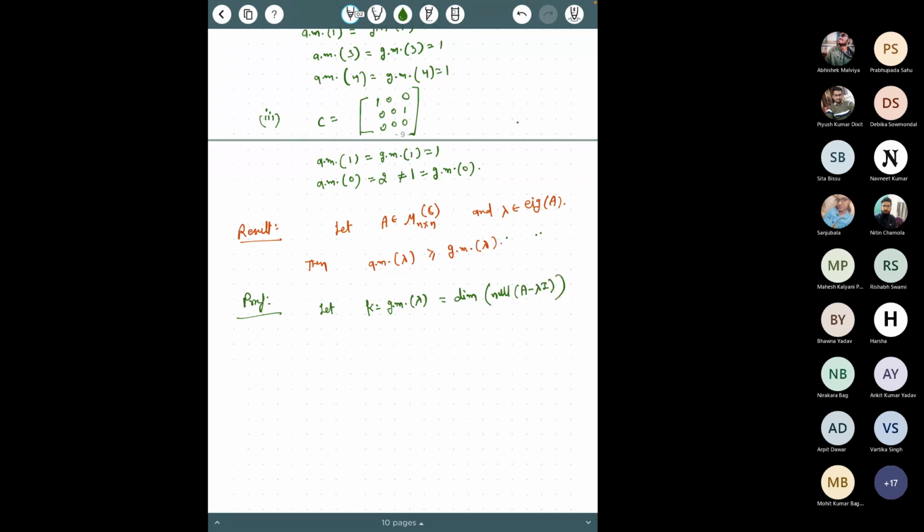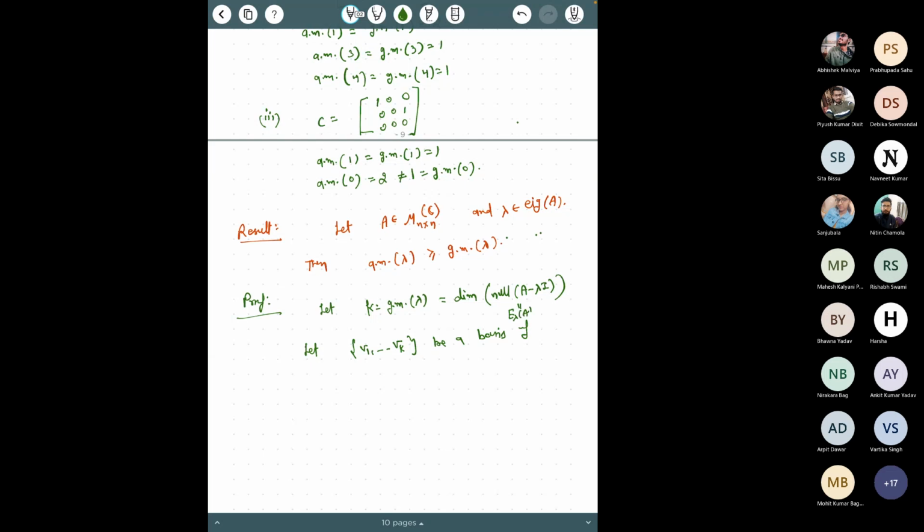So I can take a basis for this subspace. Let V1 to Vk be a basis of this eigenspace, E lambda.